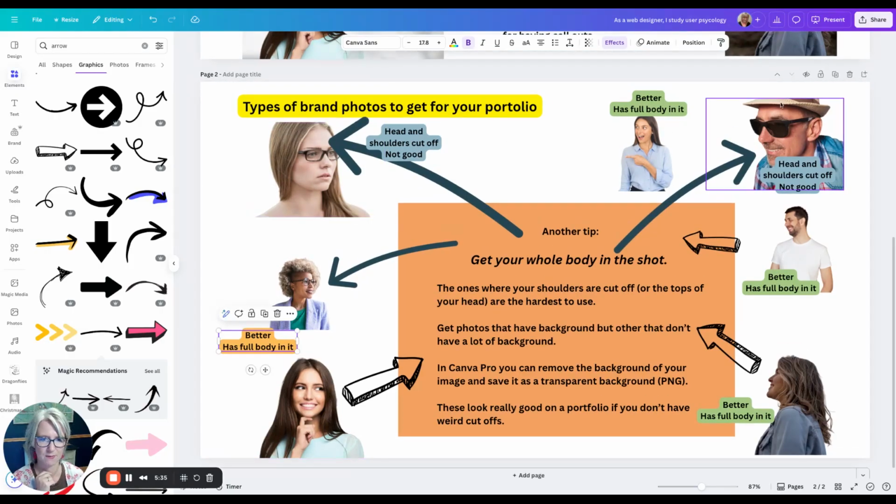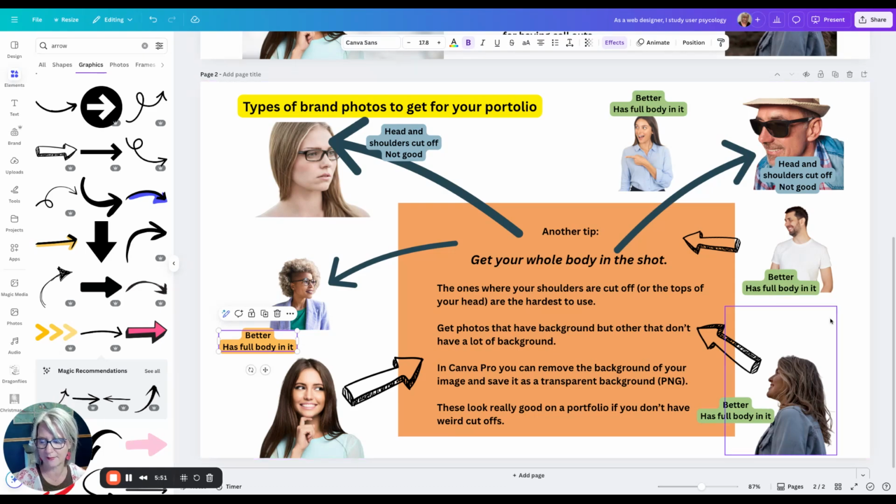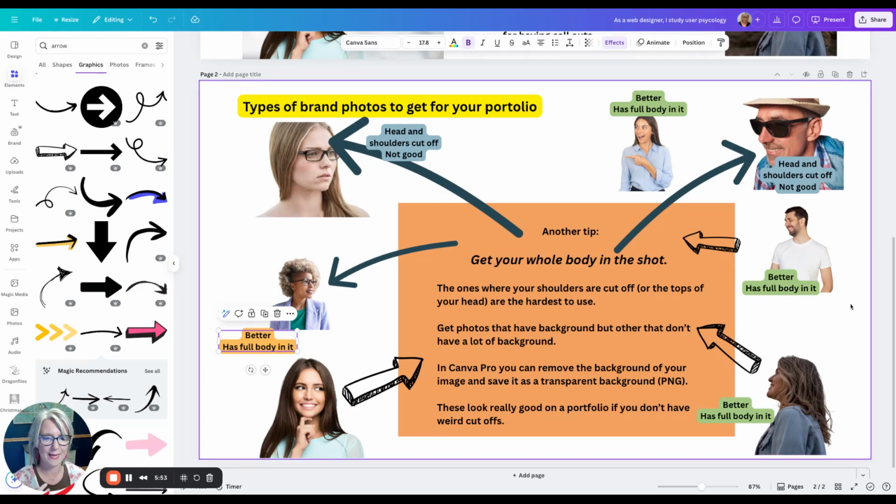This one cuts off the top of the head and the shoulder, and it just makes it harder to use on your portfolio or in marketing things. So that is something else you can consider. When you're doing brand photography or UGC photography, these are some good tips that you can follow to showcase you, your portfolio, or the products you're marketing a little bit better.